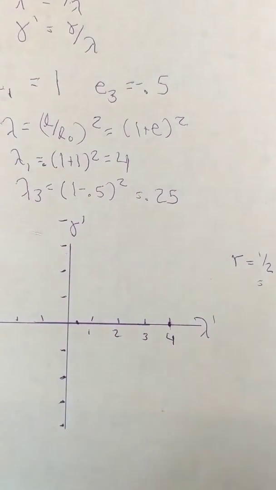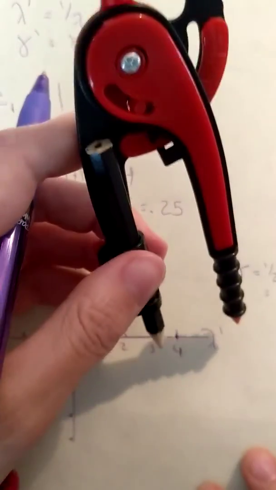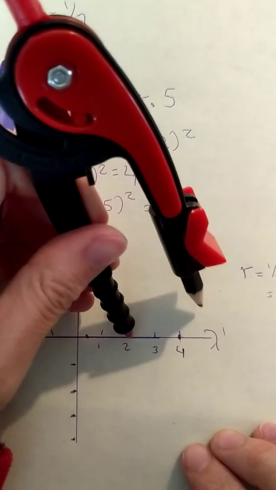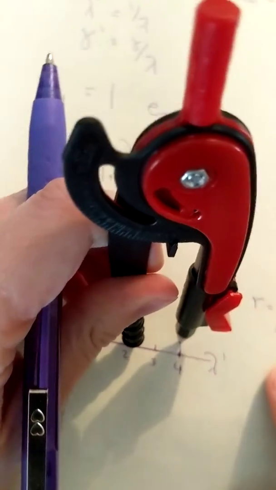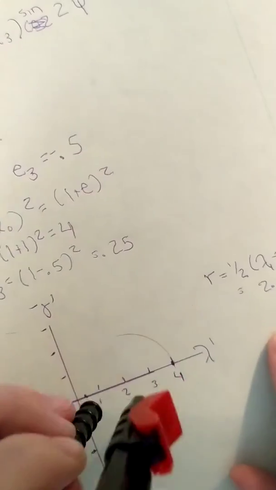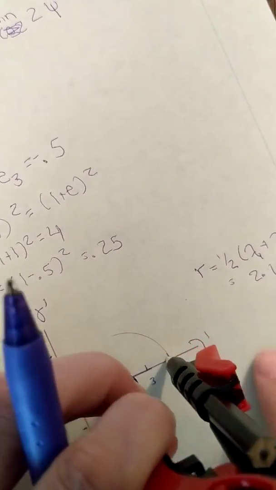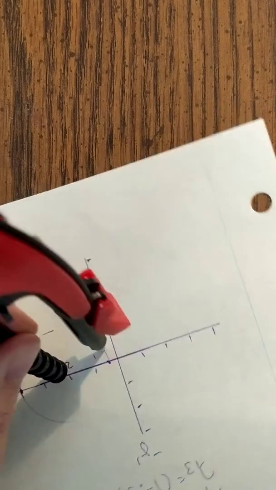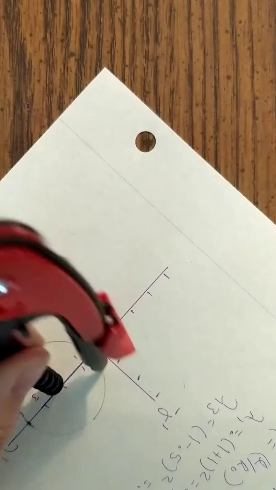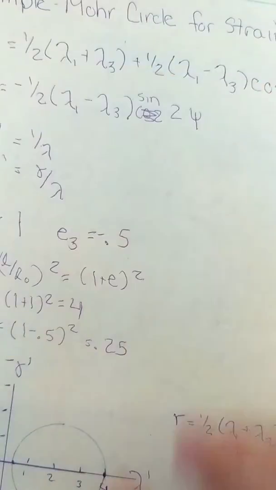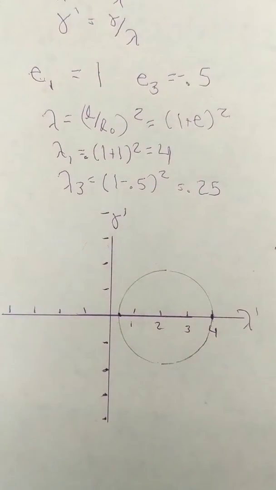And we're going to do our circle with our center at 2.1. So there now is our Mohr circle.